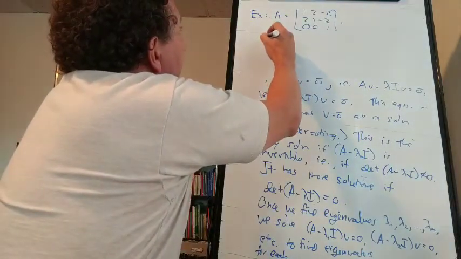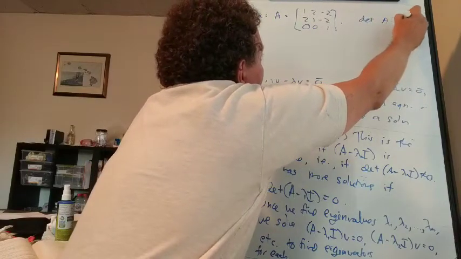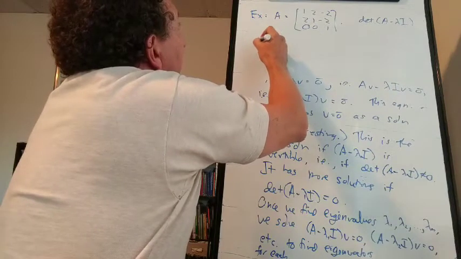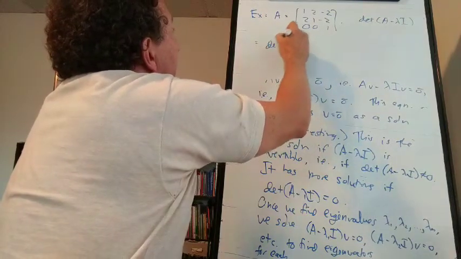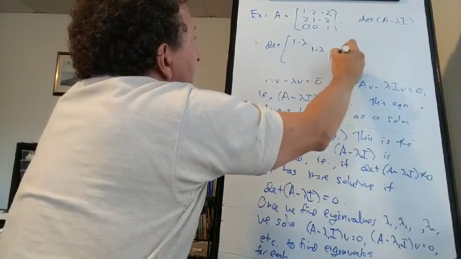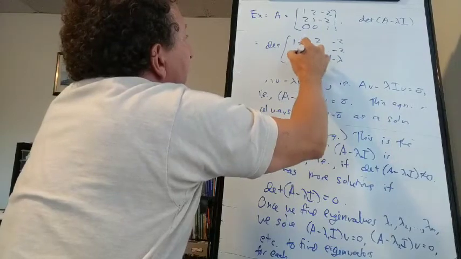So determinant of A minus lambda I equals determinant of, we just write minus lambda everywhere on the diagonal, and then copy the matrix as it was everywhere else.